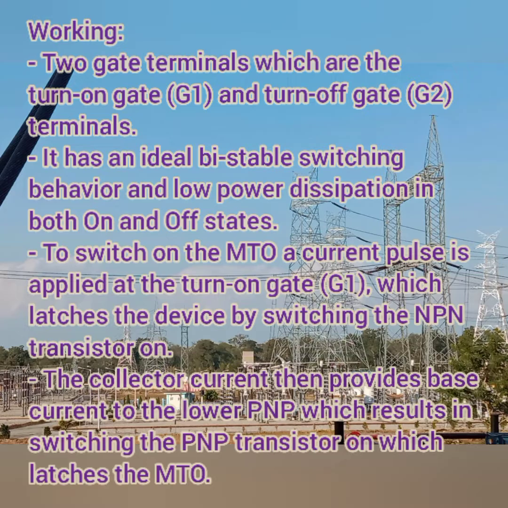So to switch on the MTO, a current pulse is applied on gate 1, which latches the device by switching the NPN transistor on. Then the collector current provides a base current to the lower PNP, switching the PNP transistor on, which latches the MTO.